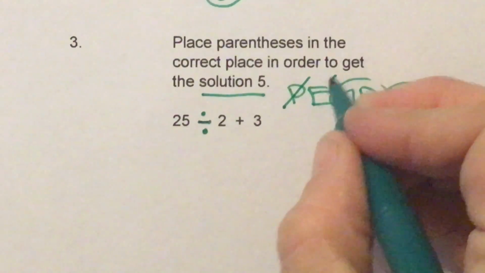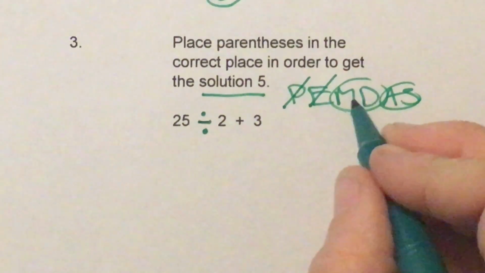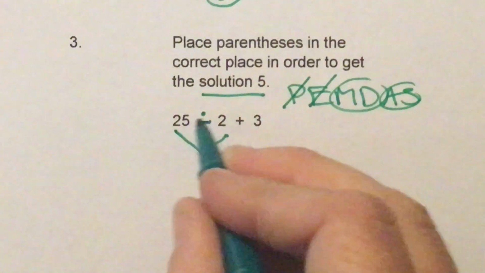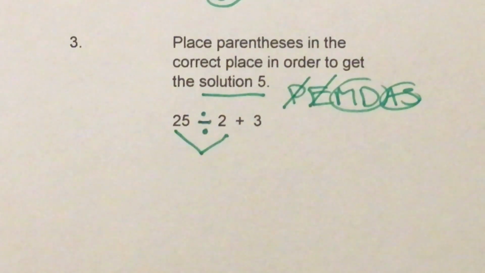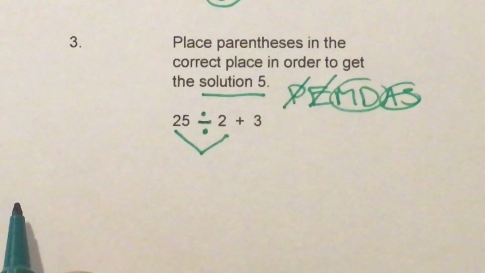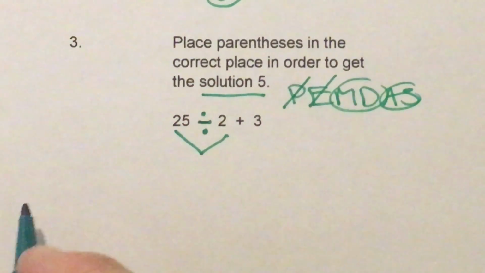I go to do exponents, I have none. I go to do multiplication or division, and look what happens. 25 divided by 2. You really can't even do that. You could when you get into older math, but right now we've learned we really can't even do that. So that might be my clue that that's a problem.